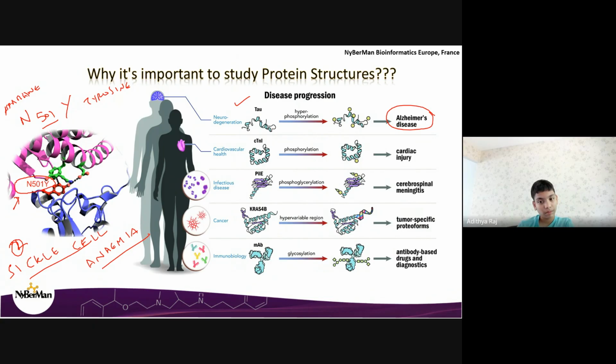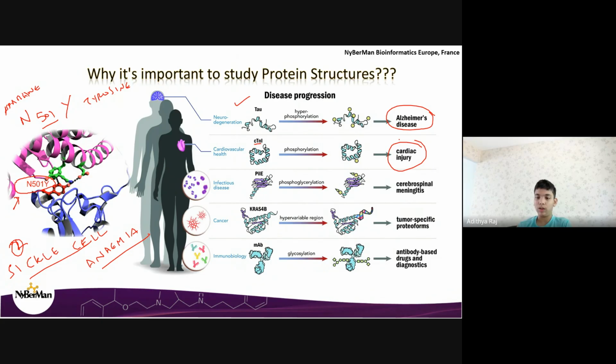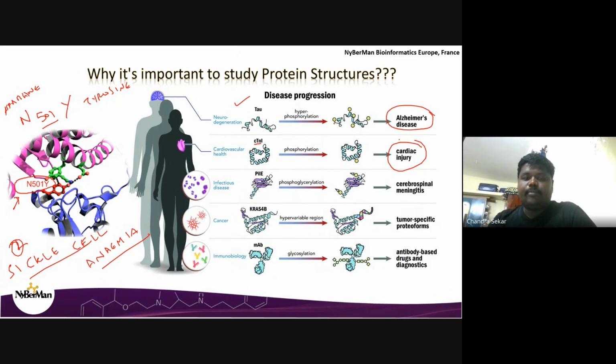Again, there is another protein. It got phosphorylated. It becomes cardiac injury. The heart will stop functioning. There is another protein which, if affected due to infections, will become meningitis. Your brain's protective layer will be cleaved off. Your brain will stop functioning.